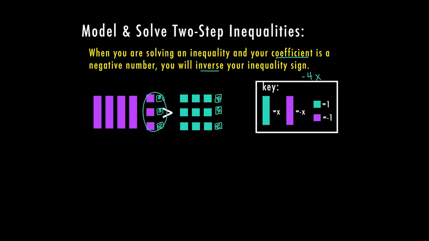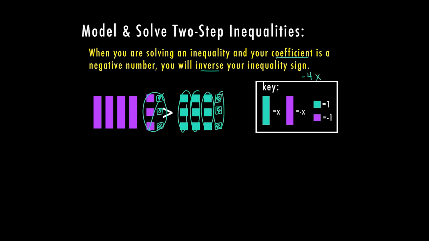So these 6 here, 3 positives, 3 negatives are going to cancel to make 0. So now I have 4 negative x's, and I need to split these 12 positives into those 4 negative x's. And so in order to do that, I know that there are going to be 3 positives in each negative group.